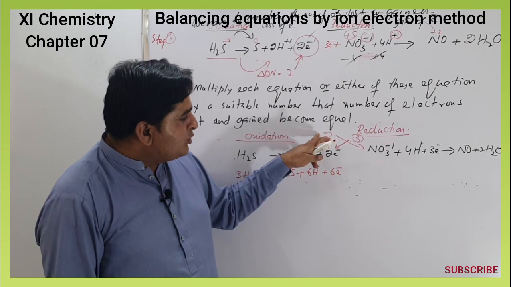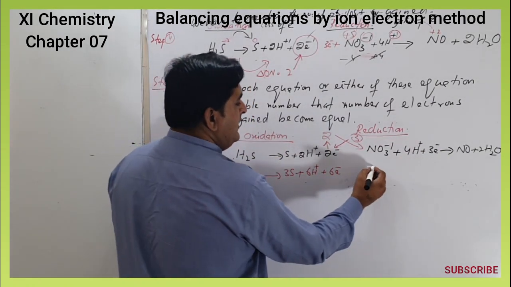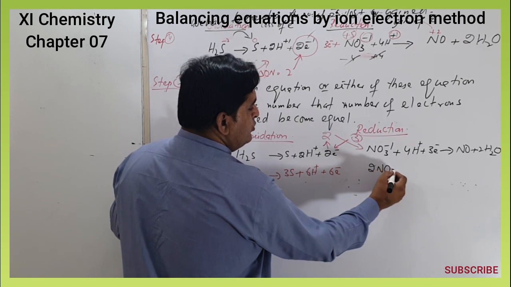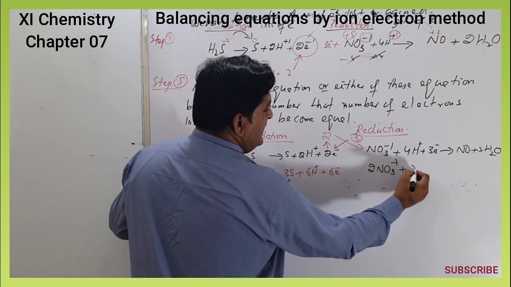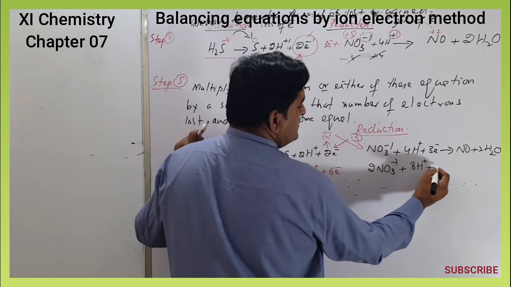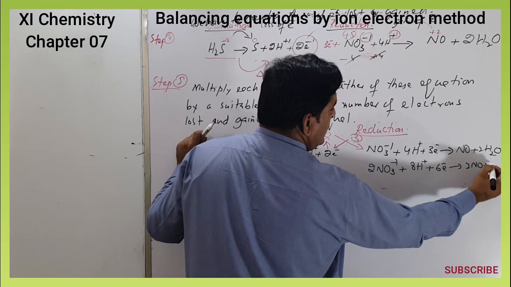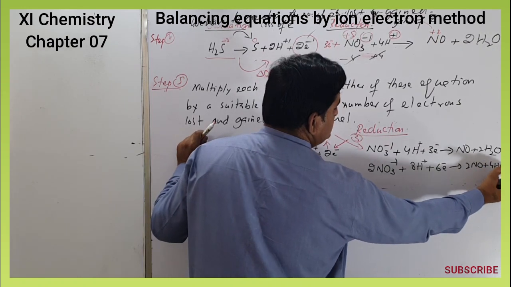So it becomes 2 nitrate ions plus 8 hydrogen ions plus 6 electrons gives 2 NO and 4 H2O.